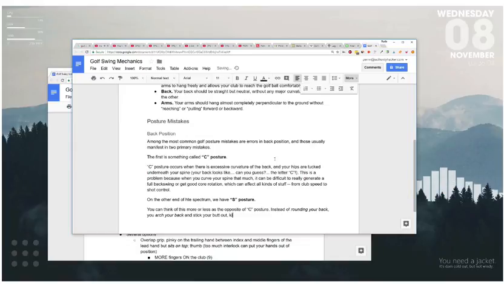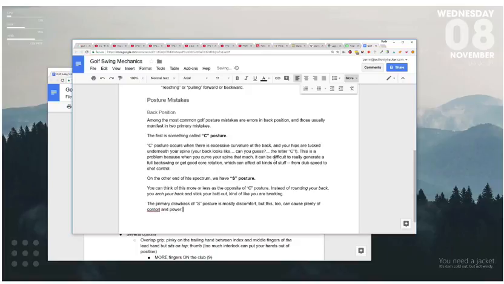Adding personality here, kind of like you are twerking. The primary drawback of this posture is mostly discomfort, but this too can cause plenty of control and power issues.